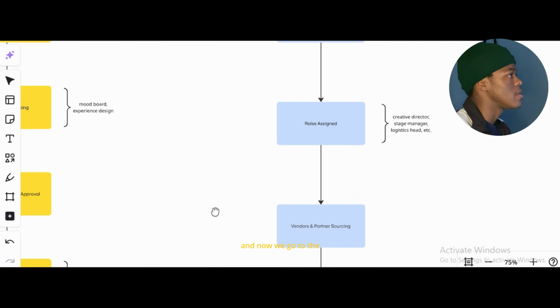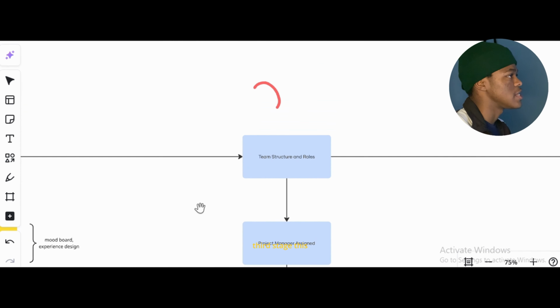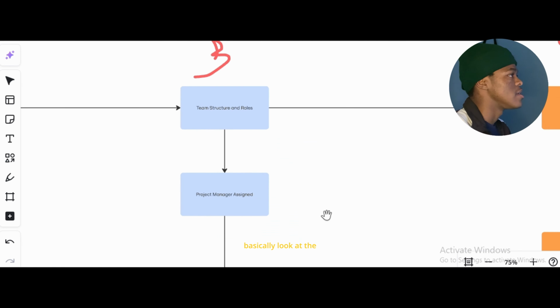And now we go to the third stage. This is stage three. Here we look at the team structure, goals and roles.